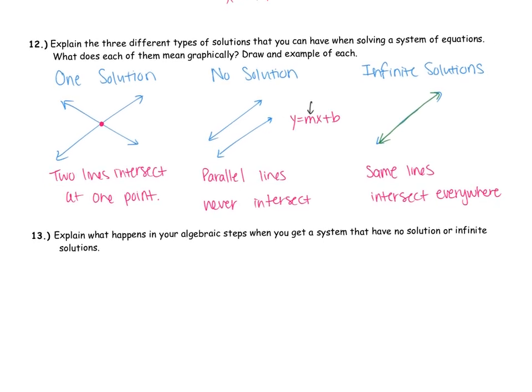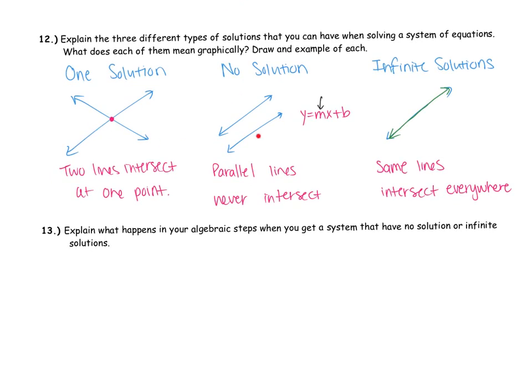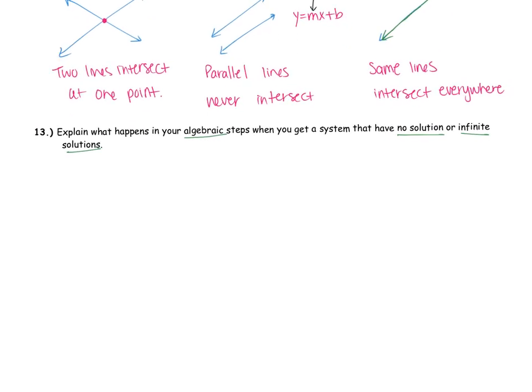It's kind of hard to always notice what they look like graphically, so we also need to explain it algebraically. It says here, explain what happens in your algebraic step when you get a system that has no solution and infinitely many solutions. So I'll just go ahead and explain all three.